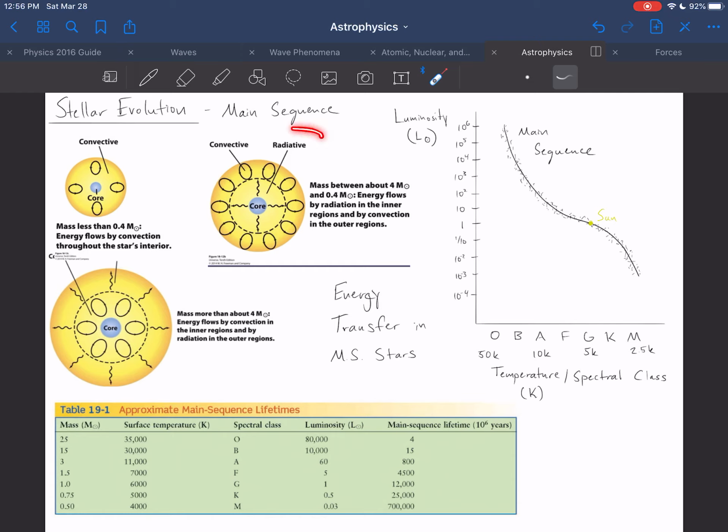A medium-sized star around the size of the sun will have an inner radiation transfer-dominated region and then an outer convective layer, whereas really big stars, bigger than about 4 solar masses, will have an inner region dominated by convection and an outer region dominated by radiation. This matters in the evolution of the stars every once in a while.